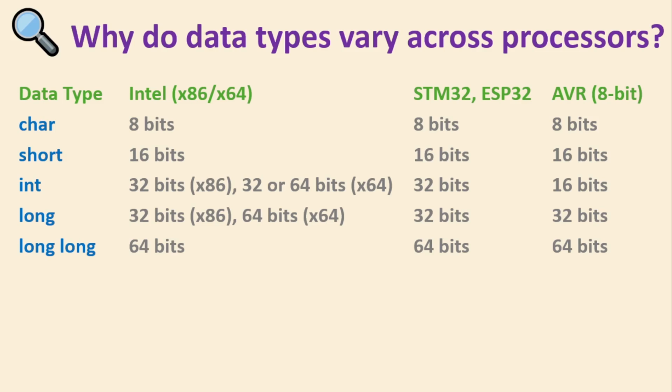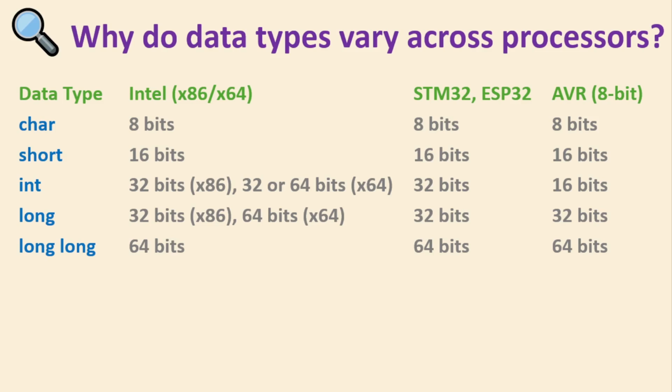For example, in Eclipse IDE on a 64-bit Windows system, int data type is 32 bits. For STM32 and ESP32 microcontrollers, int data type is 32 bits, while for AVR it's 16 bits.